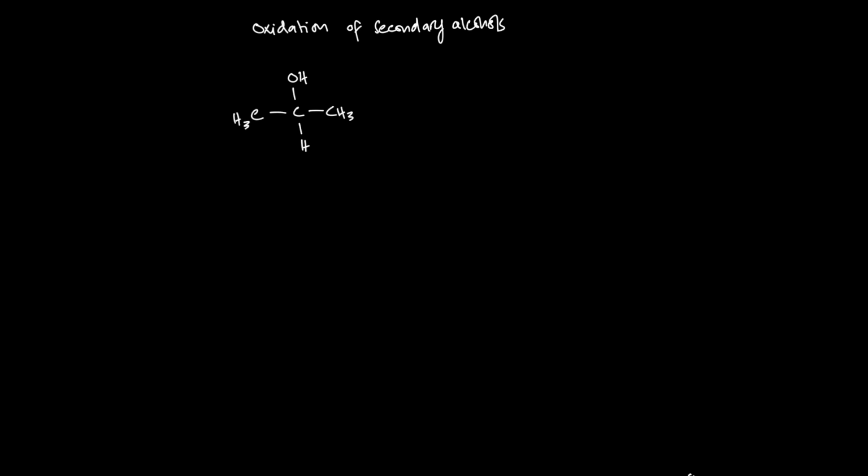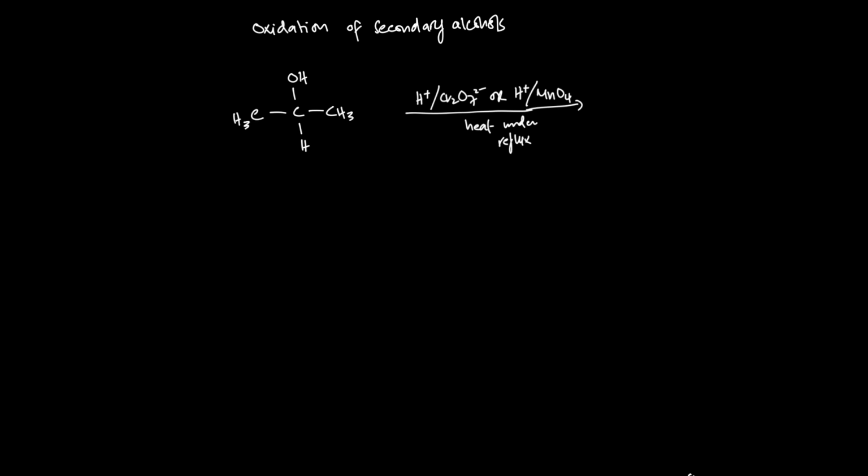Right, and what I'm going to do here is, again, I can use dichromate, or I can use acidified manganate. Okay, I can use acidified dichromate, or I can use acidified manganate. And I can heat under reflux.